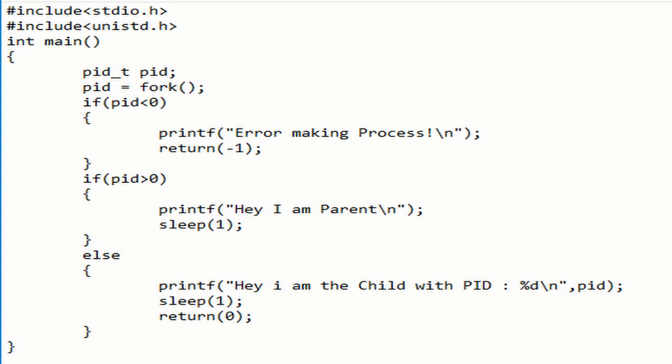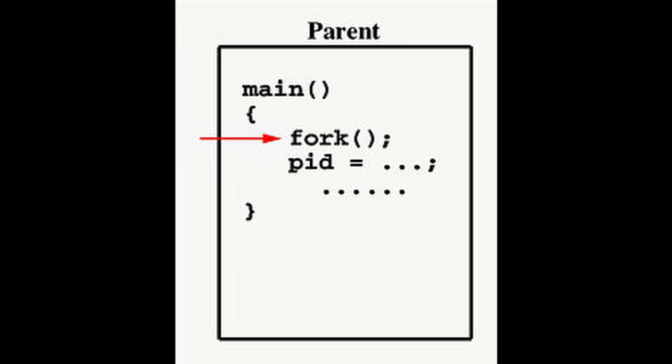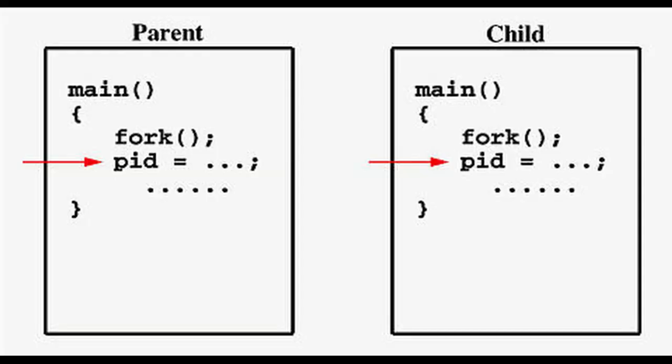So when we execute this program to call the fork system call, the Unix operating system will make 2 identical copies of address space, that is the memory on RAM, one for the parent and one for the child. So 2 different spaces are created but very identical, and both the processes will start their execution from the next line following the fork system call.